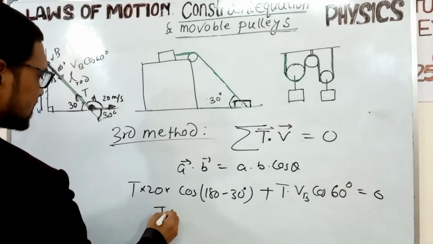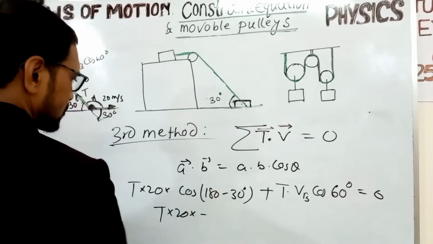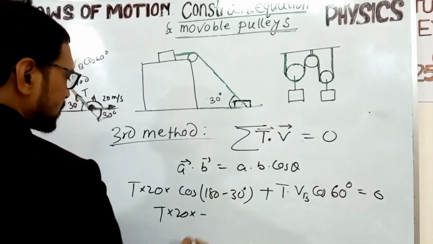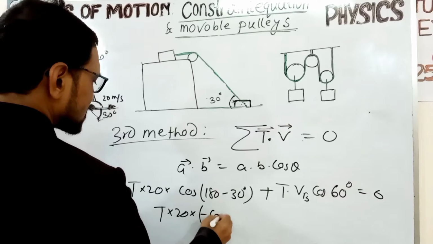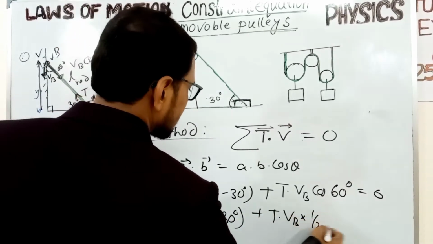That is T into 20 cos 150, and cos 150, cos of 180 minus theta, is minus cos 30, so minus cos 30, plus T into VB cos 60 degree, half.